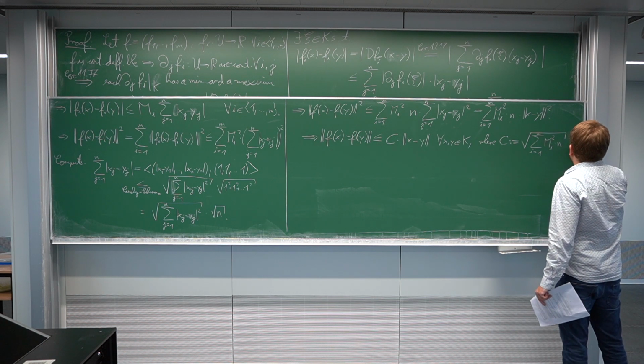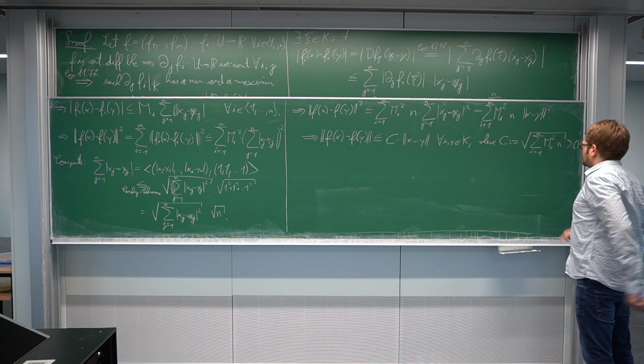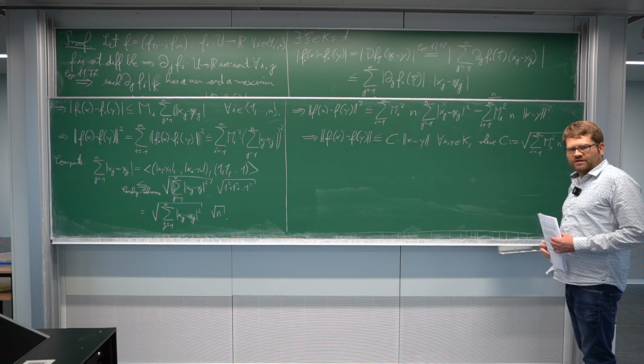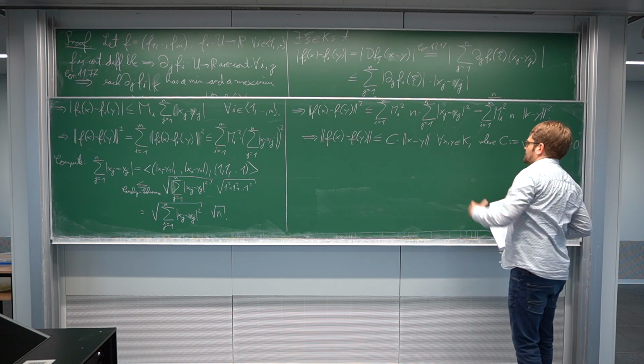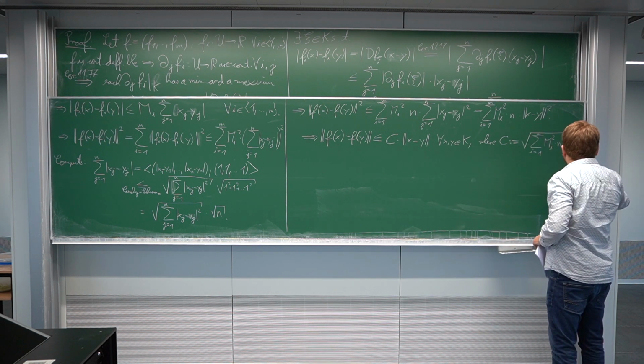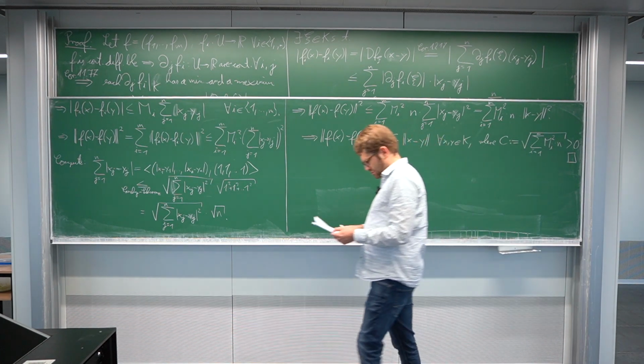So this is just some number which doesn't interest us, just some arbitrary number. And so by this we get this Lipschitz condition for this constant, which means we have proven our claim of Lipschitz continuity.